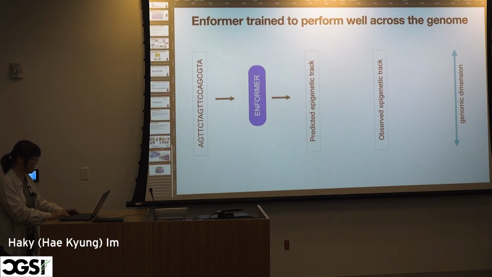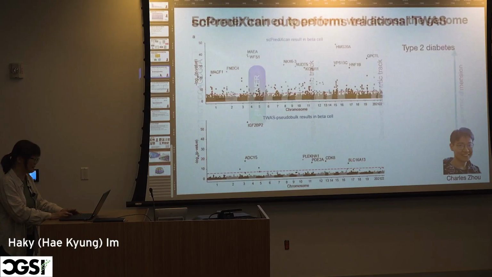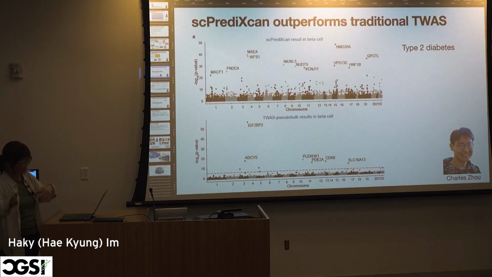So we use the model, and after doing a bunch of things where we solved many problems, we show that, for example, in this case, we ran TWAS using our new Informer-based predictors in beta cells. You compare to the traditional approach, because you can do the traditional approach with the current data, and we find many more genes compared to the traditional methods.